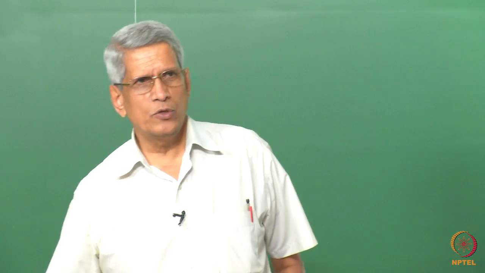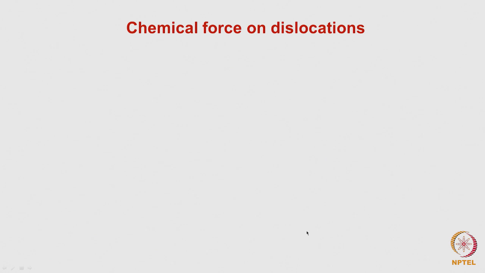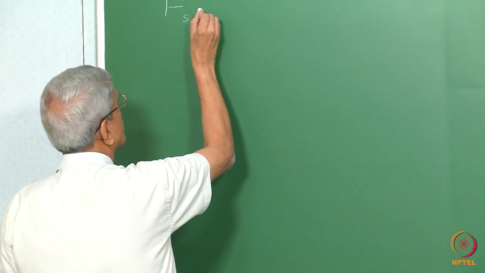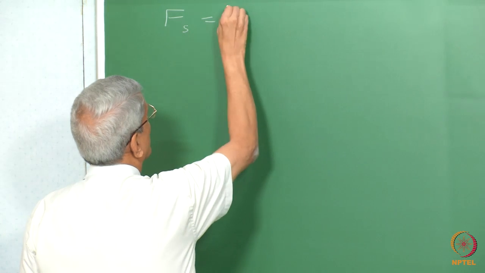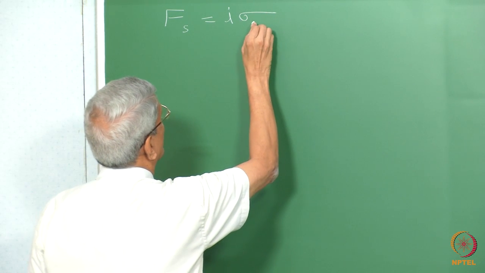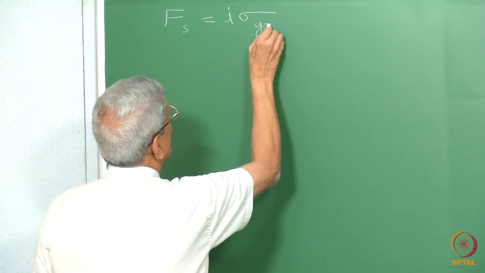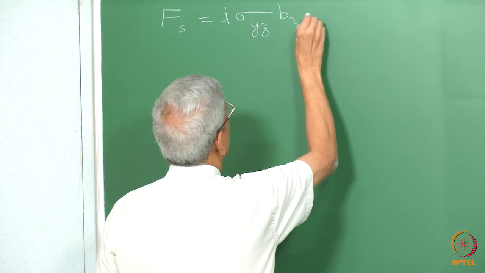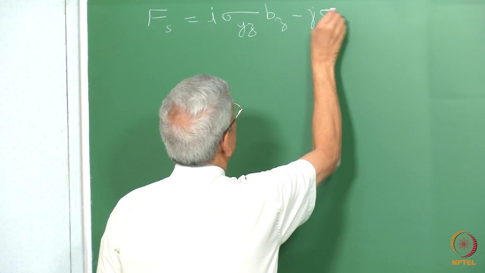What we will do today is this. When we looked at the force on a screw dislocation, we had one component, i σYZ bZ j.